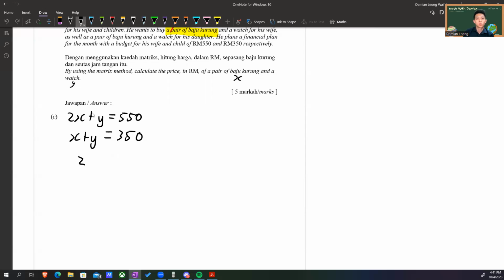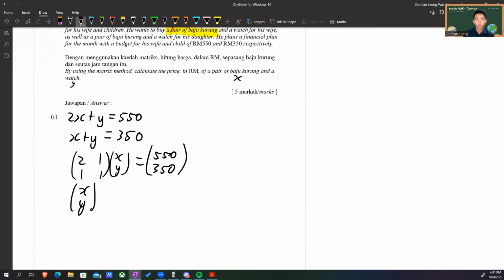So means 2, 1, 1, 1 times xy equals 550, 350. So similar to the matrix question earlier, times the inverse of this, 1 over AD minus BC, switch A and D, negative B and C. So this one is basically 1, don't need to write.